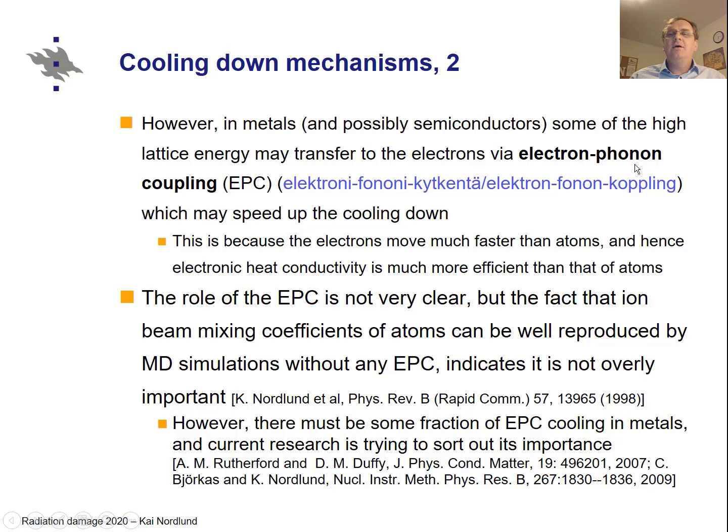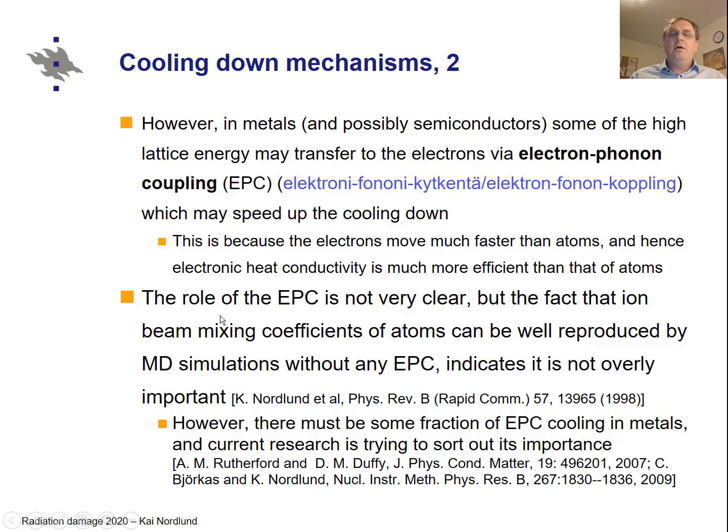I emphasize that due to the ballistic collisions, the atomic system heats up first, and then this transfers energy to the electrons. And because the electrons are much lighter, their heat conductivity is much better than that for the atoms.